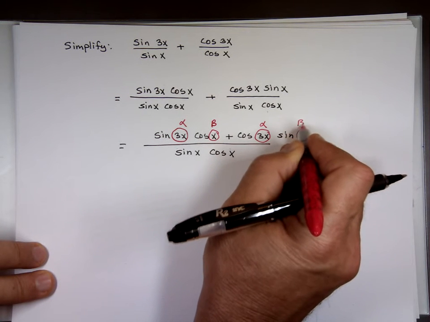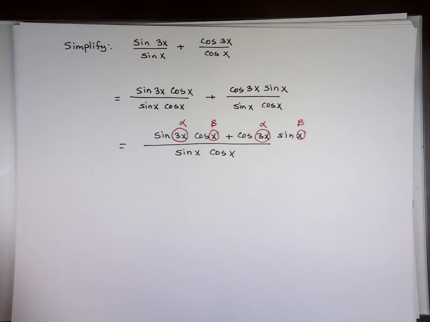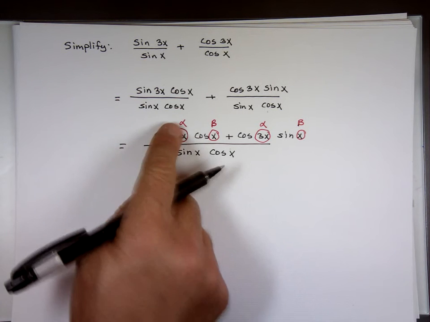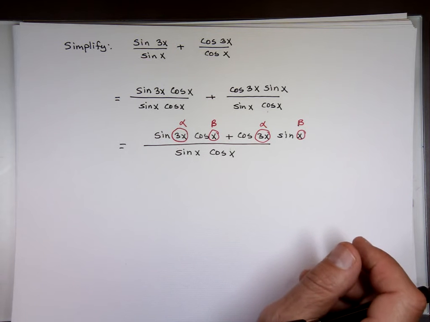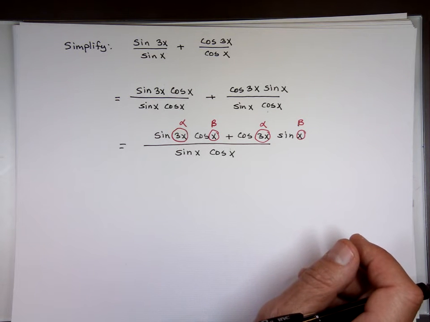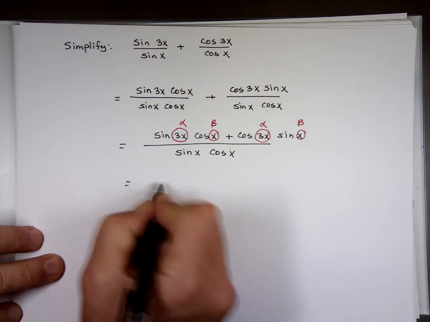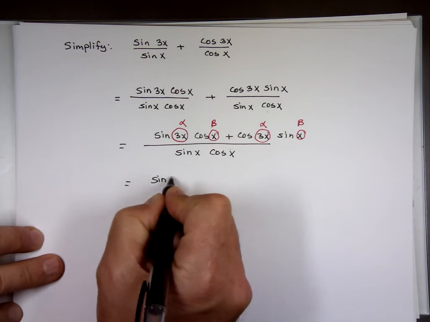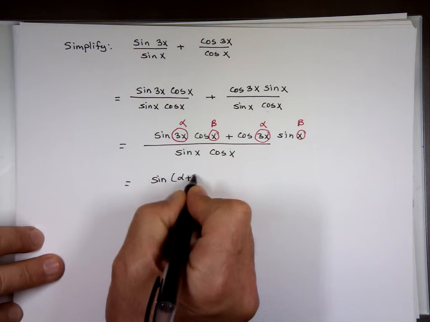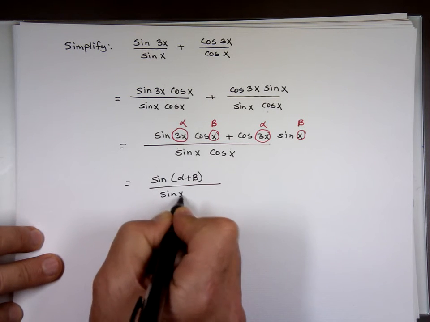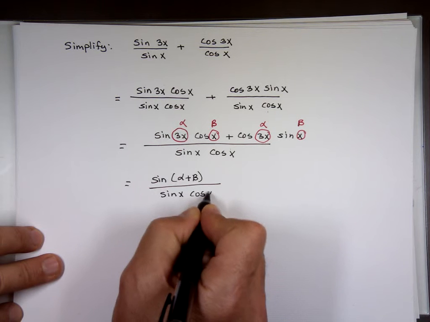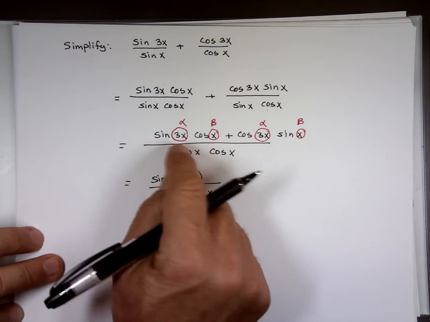Go back to section 2. What's sine alpha cosine beta plus cosine alpha sine beta? Work it backward. Isn't that sine of alpha plus beta? And what's alpha in this example and what's beta? 3x and x, right?